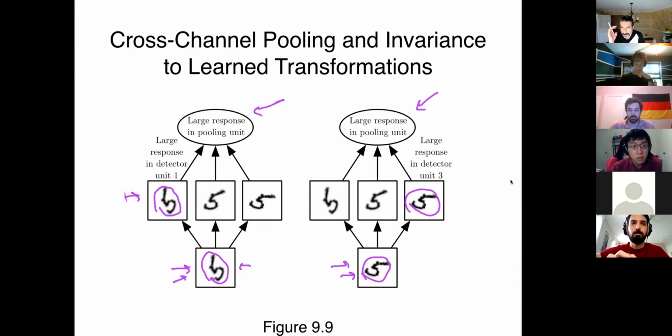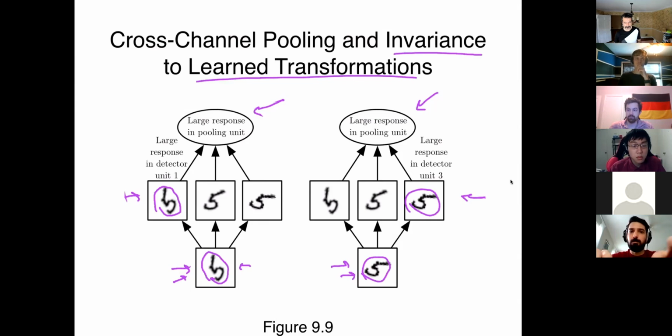So the pooling unit, in this case, is producing one unit out of these 3 different units that you have at this layer. But basically here we are talking about cross-channel pooling rather than within-channel pooling, which is helpful for getting invariances to learned transformations.